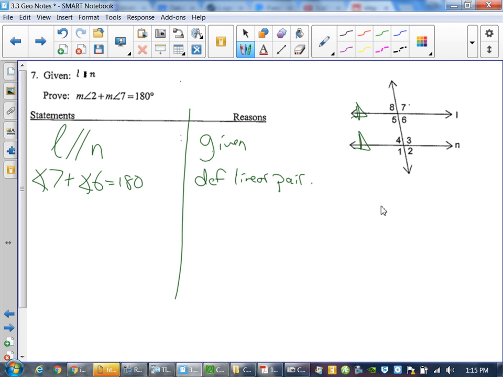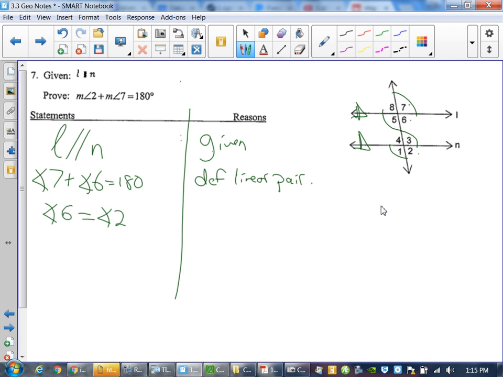Sometimes if you start thinking about it, if you pick a spot, if you say, hey, I know these are going to go like this, okay? Which means I know that 7 and 3 have to be equal to each other. I know that 6 and 2 have to be equal to each other. Things like that. So here, what I would do right away, since I have 7, 6 written out, why not say that angle 6 is equal to angle 2? Because what's the angle pair relationship between 6 and 2?